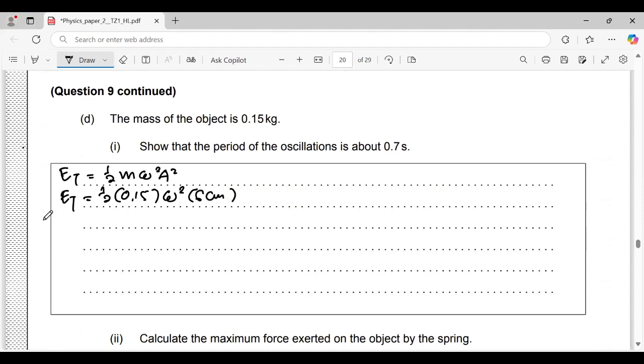Yeah, 6 centimeters. I forgot just now. So omega equals the square root of 2 times total energy over m times A squared.